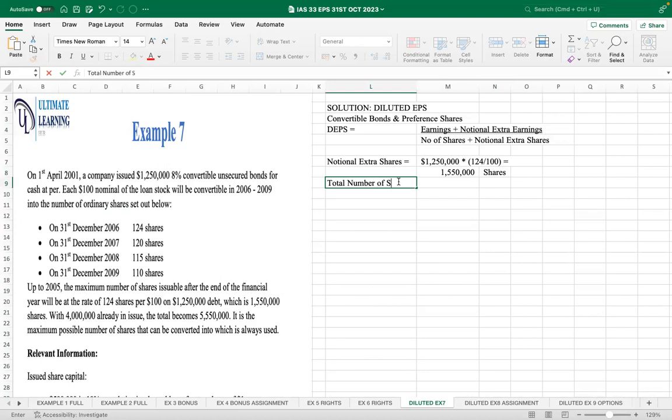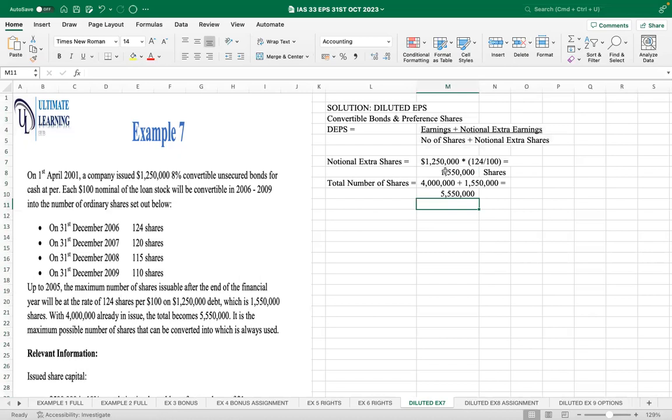The total number of shares will be equal to the current shares of 4 million plus the new shares as a result of conversion, 1,550,000. So the 4 million plus the 1,550,000 will give you 5,550,000 shares.